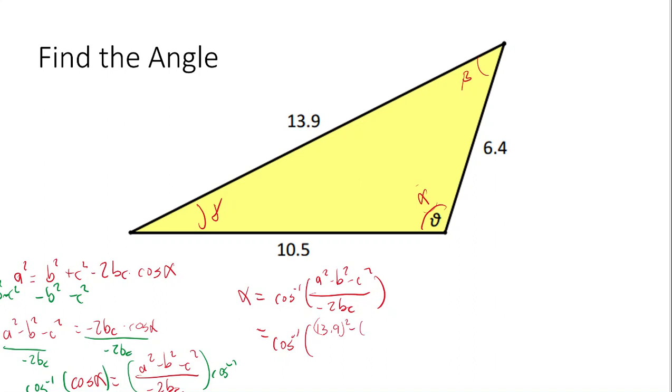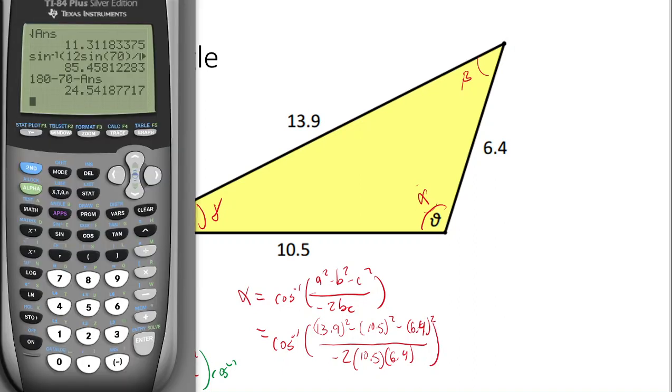B, we're going to call B 10.5 squared. And we're going to call C 6.4 squared. Minus 2 times B, which was 10.5, times C, which was 6.4. Type all this in the calculator and we'll get alpha.